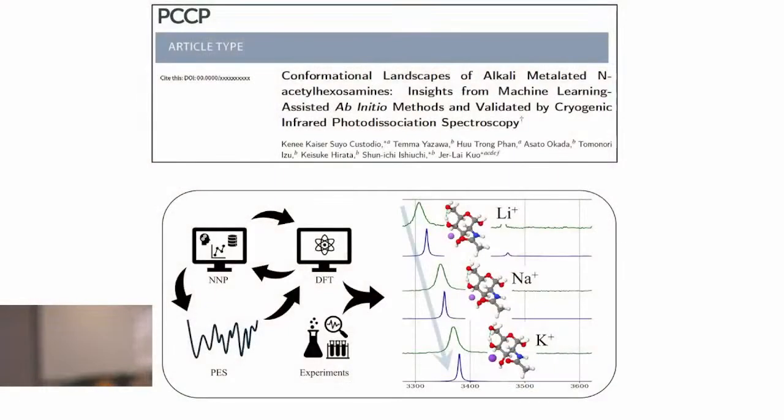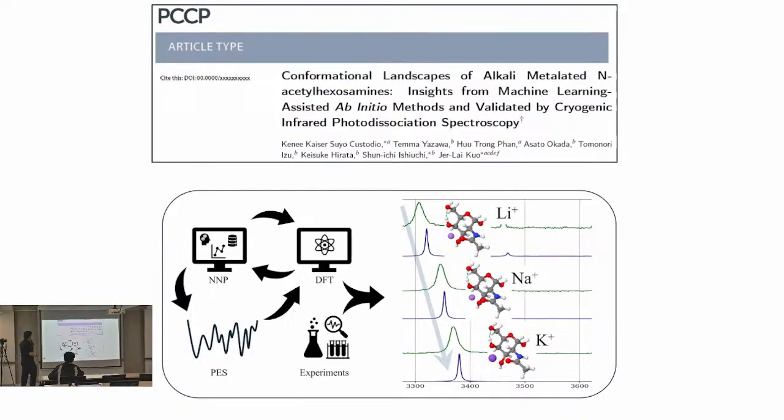Okay, so I think I need to finish the rest of the presentation. Now, in the previous one, we worked on protonated N-acetyl hexosamines. Are we really just limited to protonated structures? In fact, a proton forms a covalent bond, and so it can be more perturbative to the actual structure of the neutral form, right?